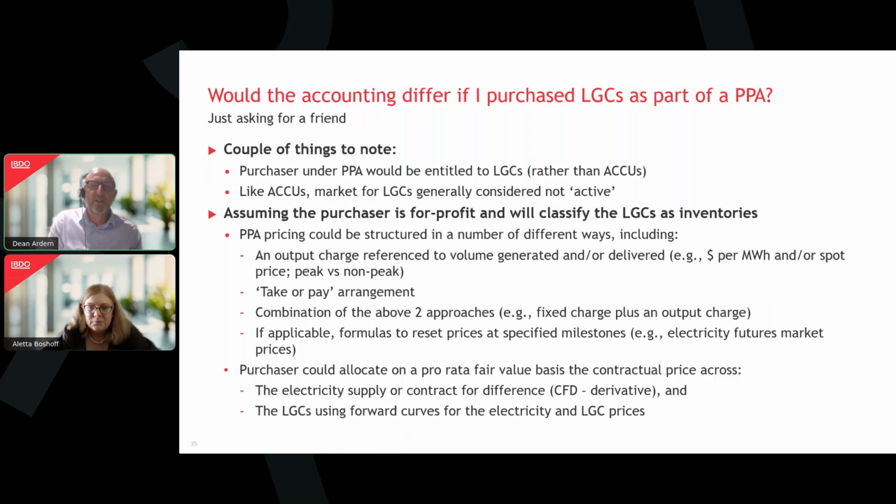But if you've got conditions within the agreement that change the timing of the payments, so maybe you've got peak versus non-peak, maybe you've got resetting prices, maybe you've got take or pay arrangements, all of these things make the pricing a little bit more difficult to predict, and therefore can make the fair value allocation between the LGCs and the power challenging in itself.